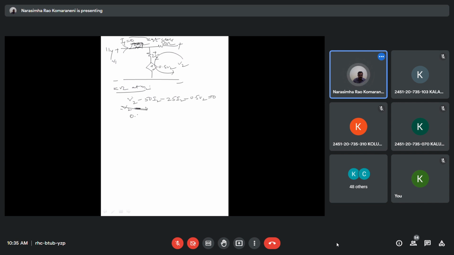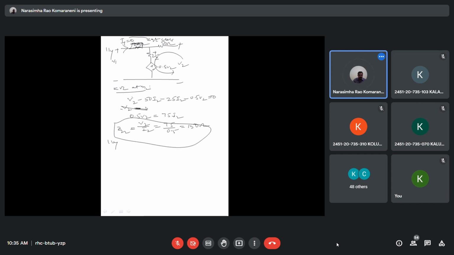We get plus 0.5 V2 is equal to, bringing it to the RHS side, 75 I2. So therefore V2 by I2 equal to 75 divided by 0.5, which is nothing but 150 ohms. Clear? This is nothing but V2 by I2, which is the Z22.